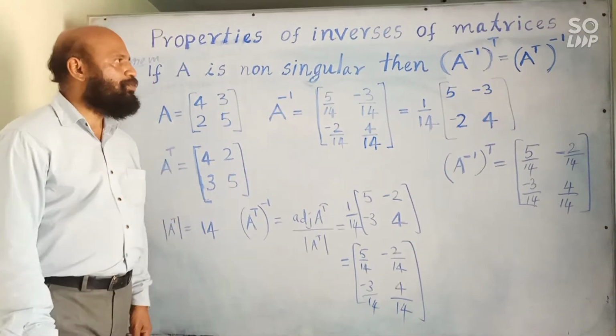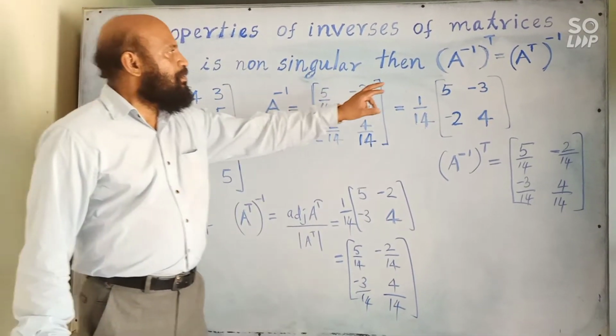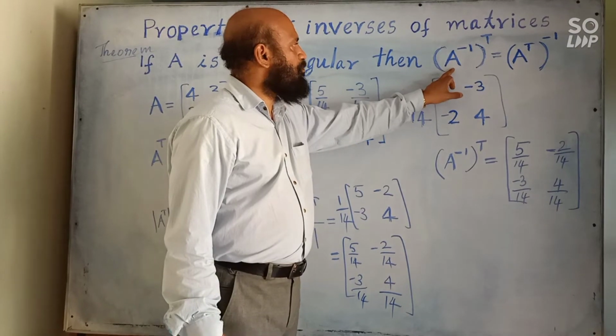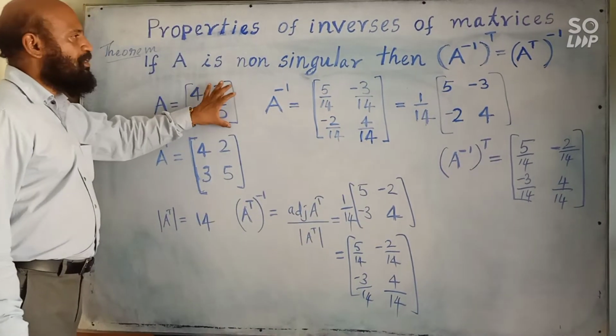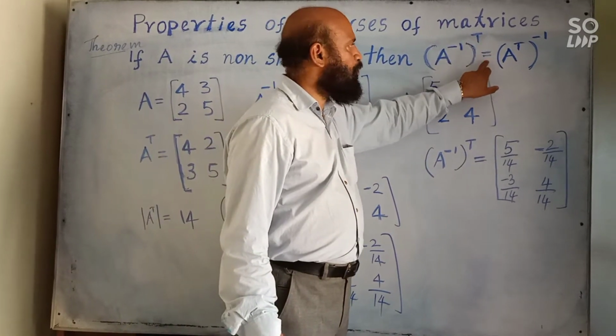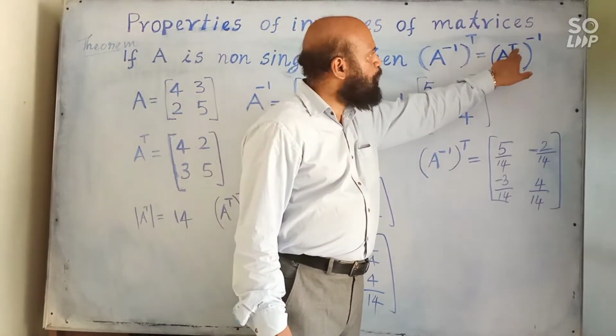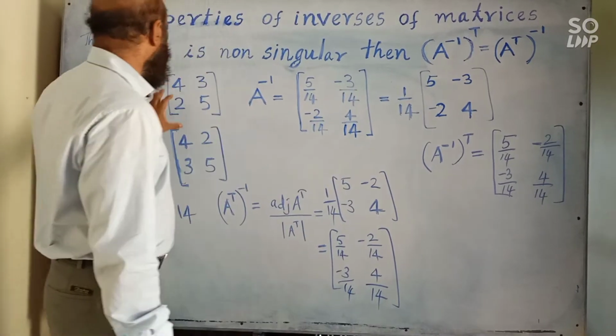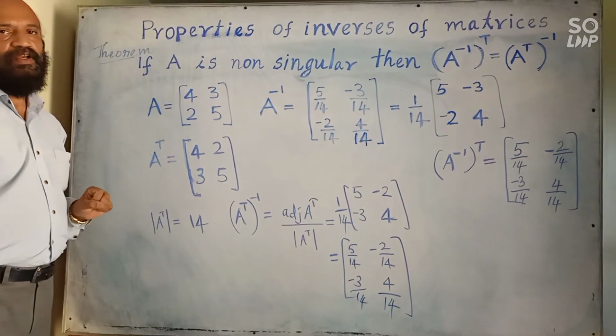Now I am going to show this property by a 2 by 2 matrix. This property is A inverse transpose is equal to A transpose inverse. Now I will take a 2 by 2 matrix.